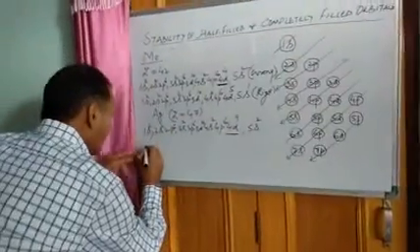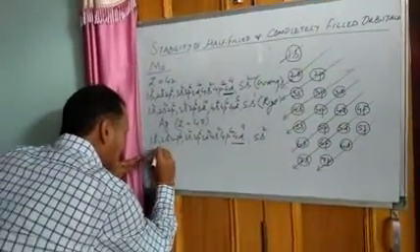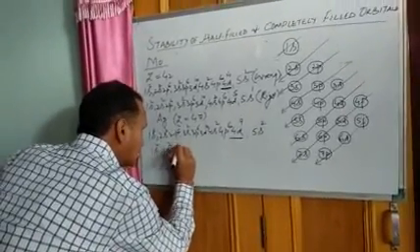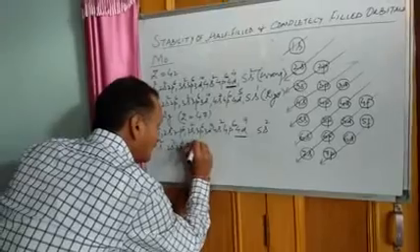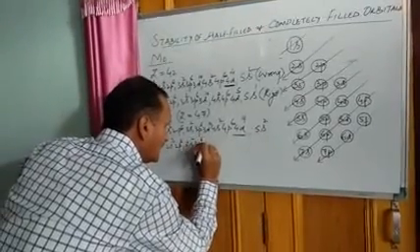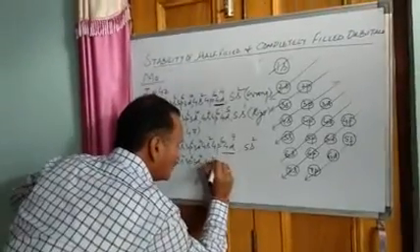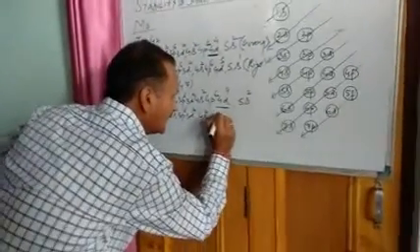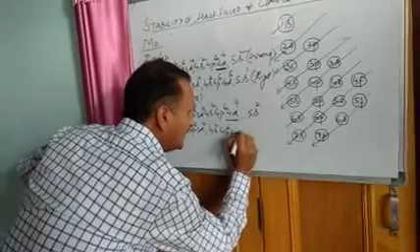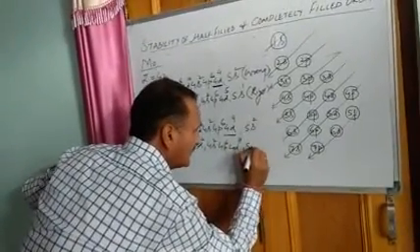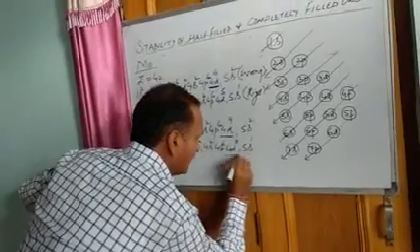So its right electronic configuration will be 1s2, 2s2, 2p6, 3s2, 3p6, 3d10, 4s2, 4p6, 4d10, not 9. And this will be 5s1.